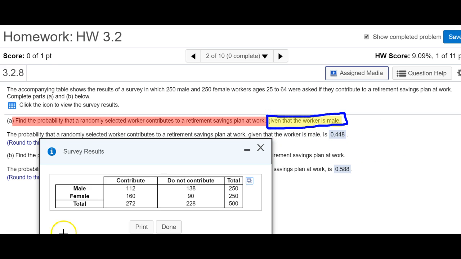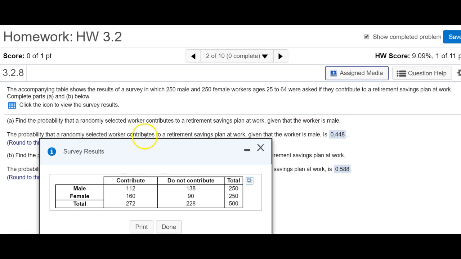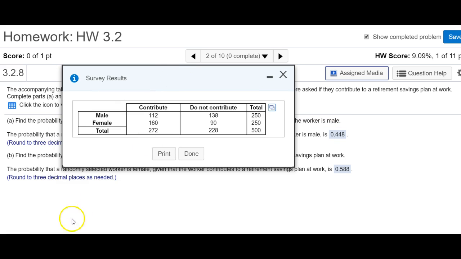So I don't care about female or people who don't contribute. I only care about male. So in this case, let me go back and click on my thing and highlight. They only said the worker has to be a male. So I'm going to highlight my male row, because the condition is given that they are male.